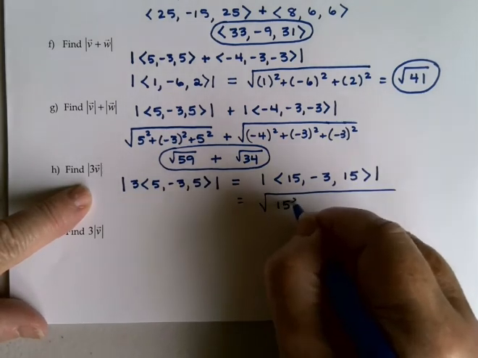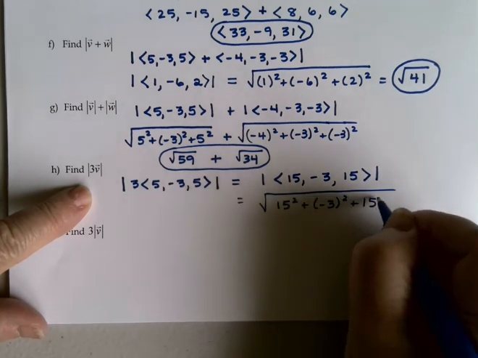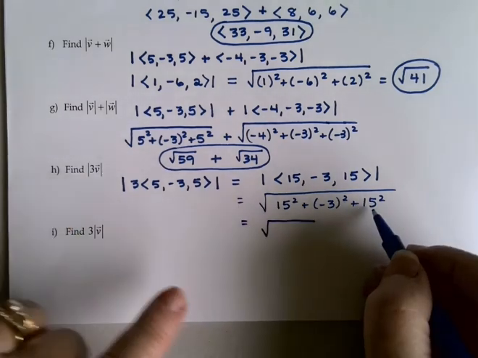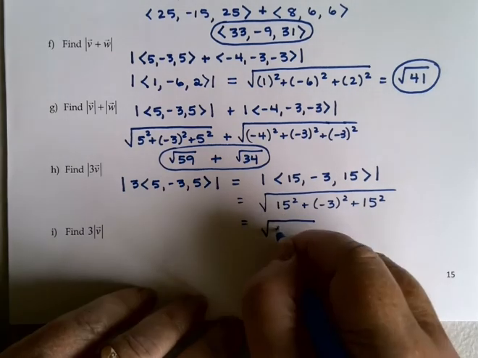That's the square root of 15 squared, plus negative 3 squared, plus 15 squared. 225 and 225 would be 450, plus 9 is 459.